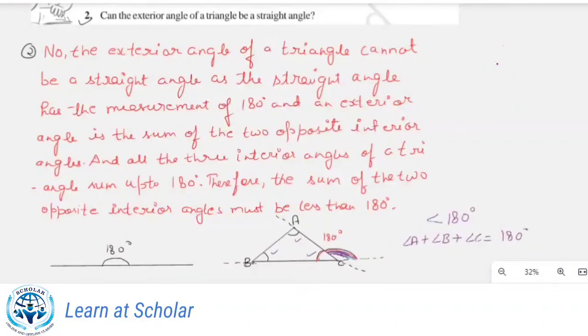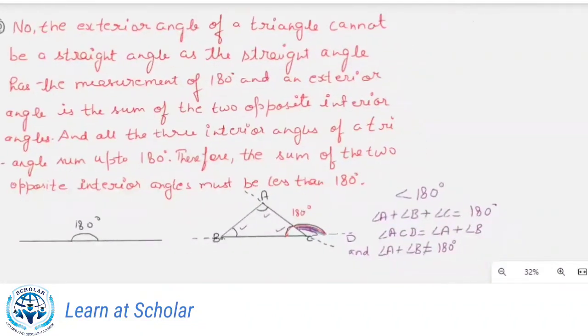Angle A, angle B and angle C are interior angles. They are of 180 degree. Angle ACD is equal to angle A plus angle B. That means it is less than 180 degree because angle A and angle B cannot be equal to 180 degree. These are only two angles.